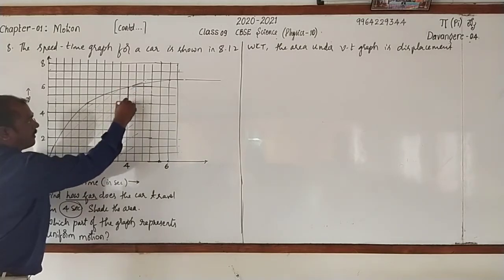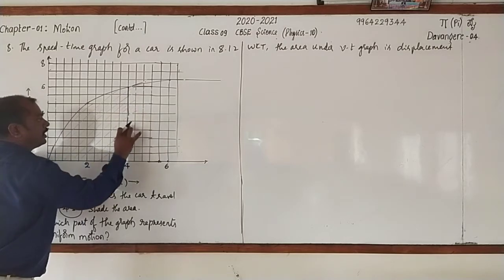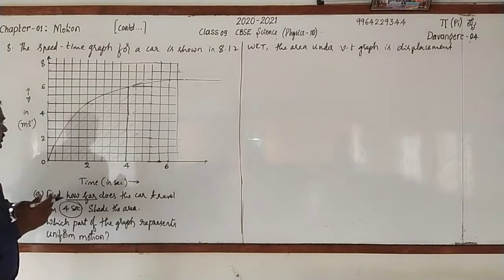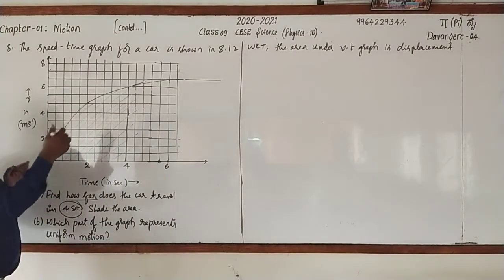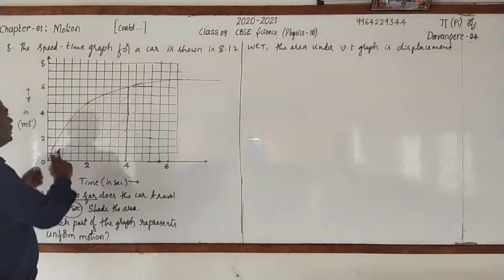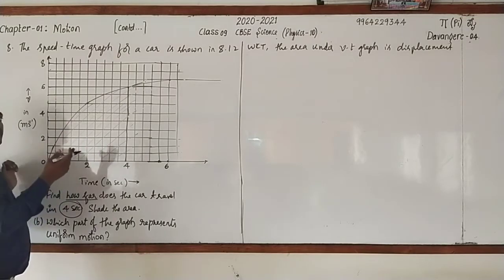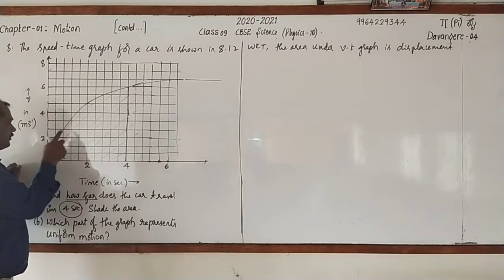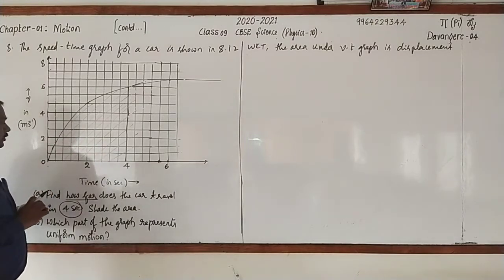Then how do you go for finding the area of this part? That's a challenge, because there is no particular figure. If it is a triangle, we could have found out easily, but here many squares are there, many halves are there. Then how do you go for counting?